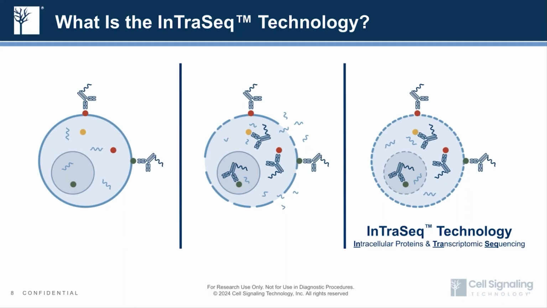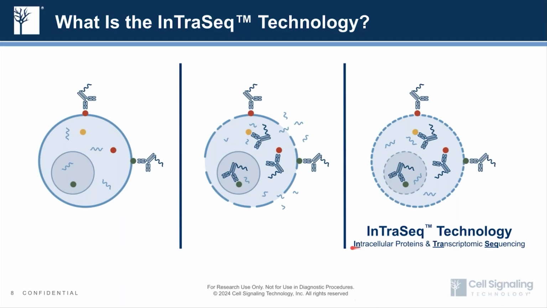And because at CST we know how antibodies work, we found that once you conjugate these antibodies with a DNA sequence, you introduce a new variability to these antibodies, and we make sure that in the InTraSeq assay kit we have certain blocking reagents that guarantee that your antibody is specifically binding to your protein and is not interfered with by the DNA sequence conjugated on the antibody.